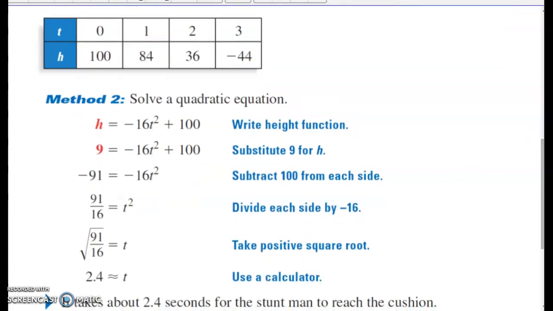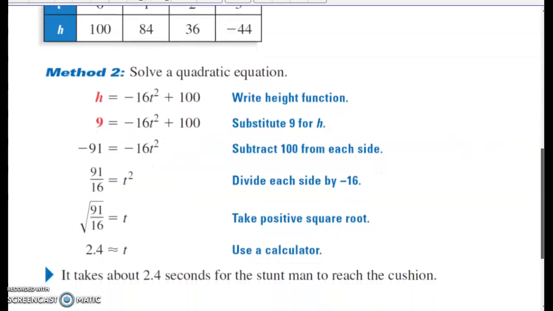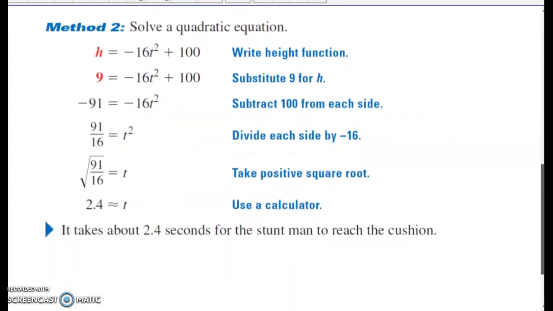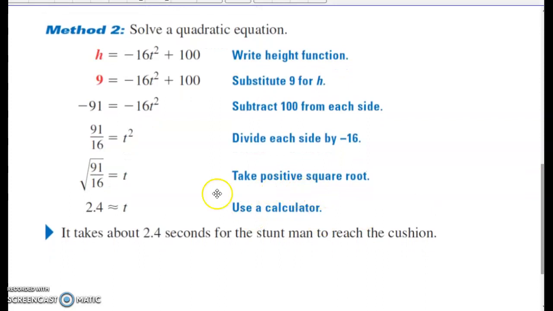Solve the quadratic equation. H is equal to negative 16t squared plus 100. Again, we're substituting in 9 because that's the height he's going to reach when he hits the cushion. Now we're solving the equation, and you know how to solve a quadratic equation because you've done that over the last few days. And we're down here coming up with the positive square root, and t is equal to 2.4 seconds. So it takes about 2.4 seconds to reach the cushion.